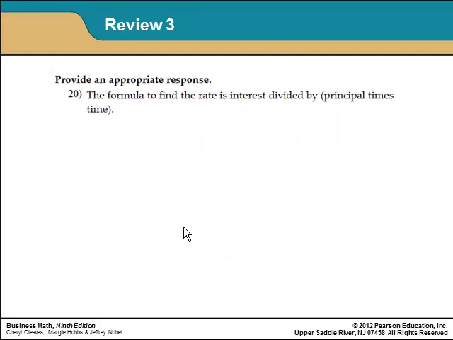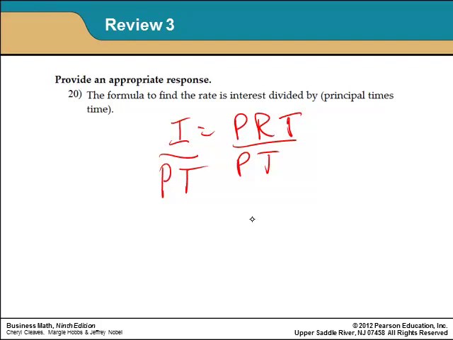The formula to find rate of interest: interest equals principal times rate times time. So if we want rate all alone, we have to divide both sides by PT. Rate is interest over principal times time. So this would be true.